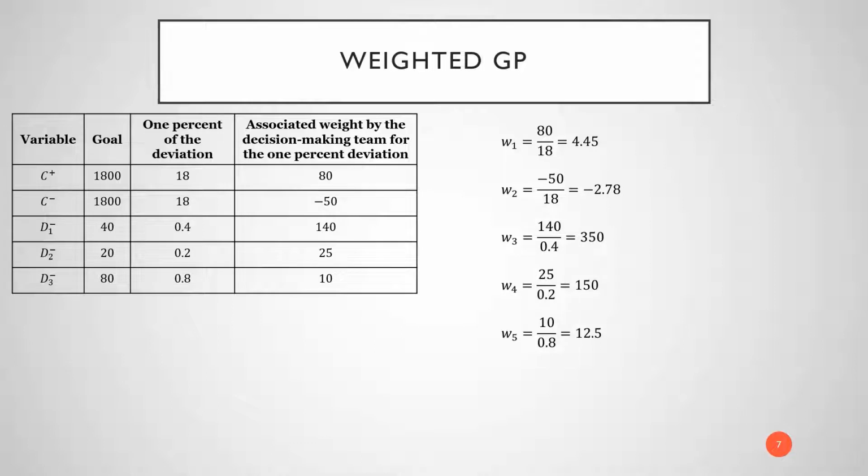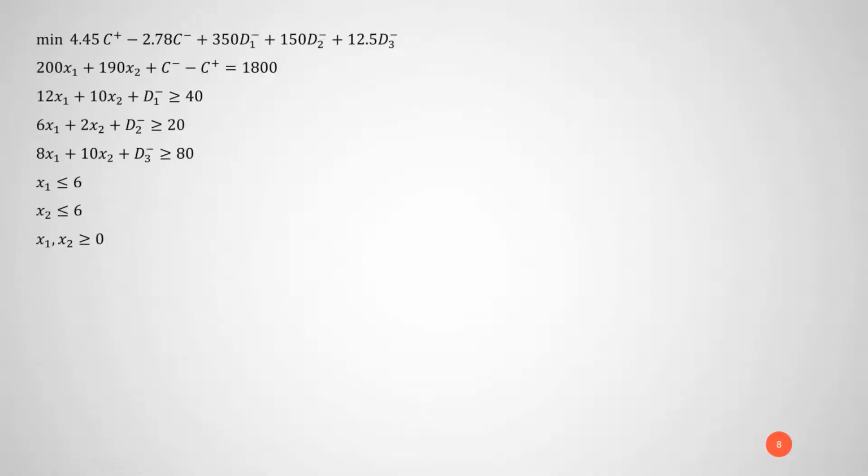And doing the similar process for the rest of the variables, I have the related weights generated, and now I can proceed with the approach. As you can see, the objective function will consist of only the deviation variables, while the original cost objective will move to the constraints section with its related new deviation variables.